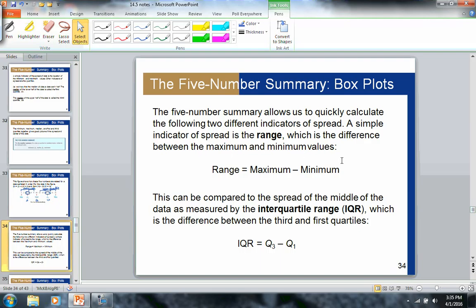So range of the whole set is just your maximum minus your minimum. And then we're also going to have this new one that's called the interquartile range. And this can help us find outliers, but it's basically just subtracting that Q3 value and the Q1 value. So you're finding how far those medians of the upper and lower quartiles are from each other.